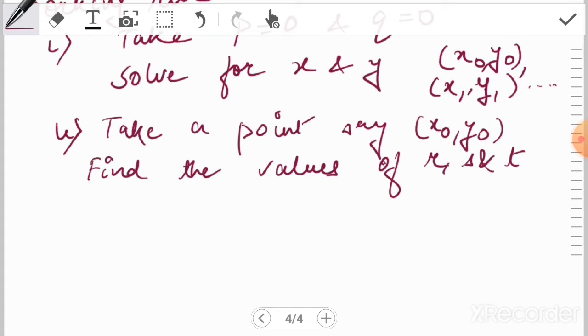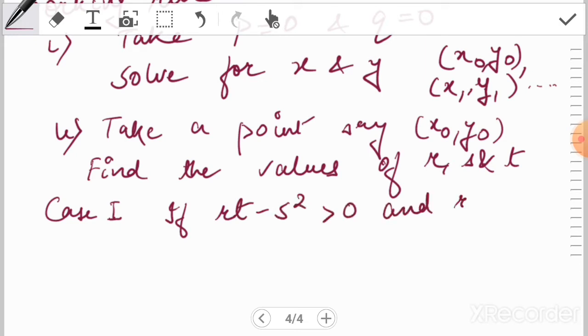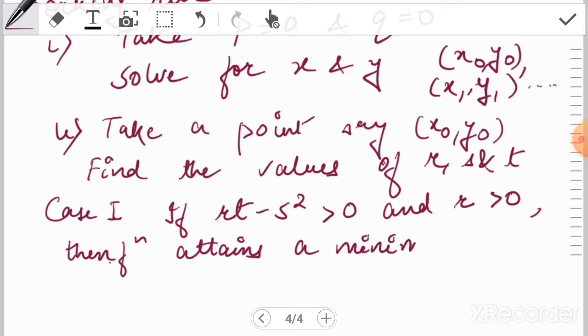Okay, case 1: if rt minus s square is greater than 0 and r is greater than 0, then the function attains a minimum at this point, and the minimum value is f(x0, y0).